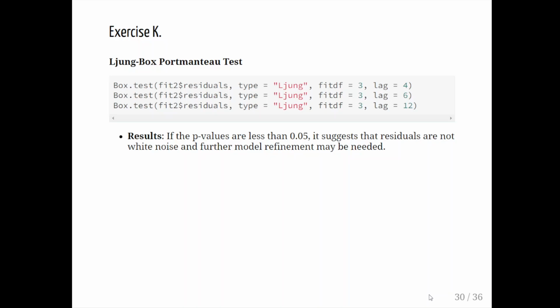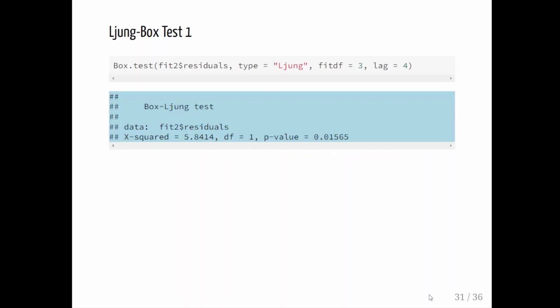So we decided fit 2 was the best fitting model of those 3 models, okay? But we're going to test it out and see, is it the final product? And this is what this test does. So let's look at Box test 1, the Ljung-Box test on fit 2 residuals, type equals Ljung, fitdf equals 3, lag equals 4.